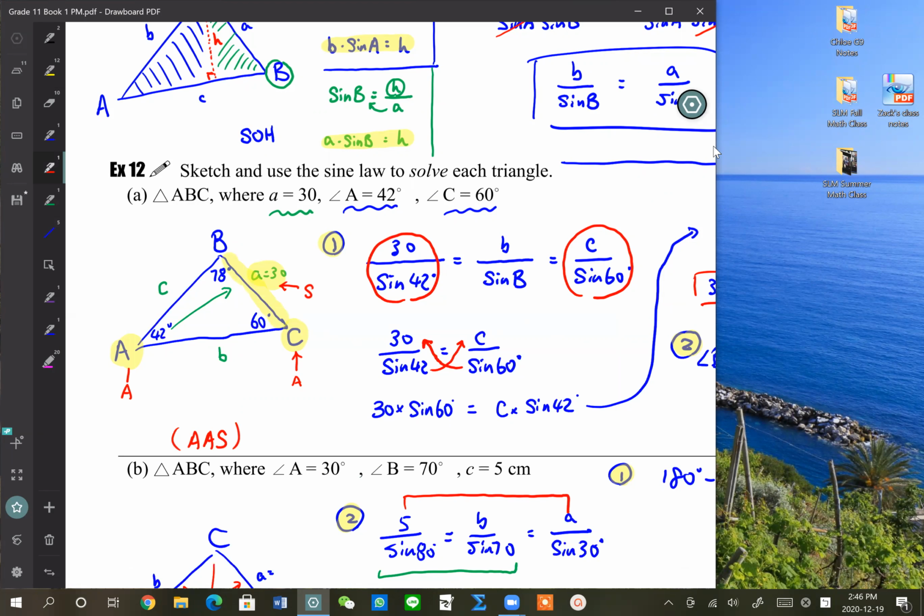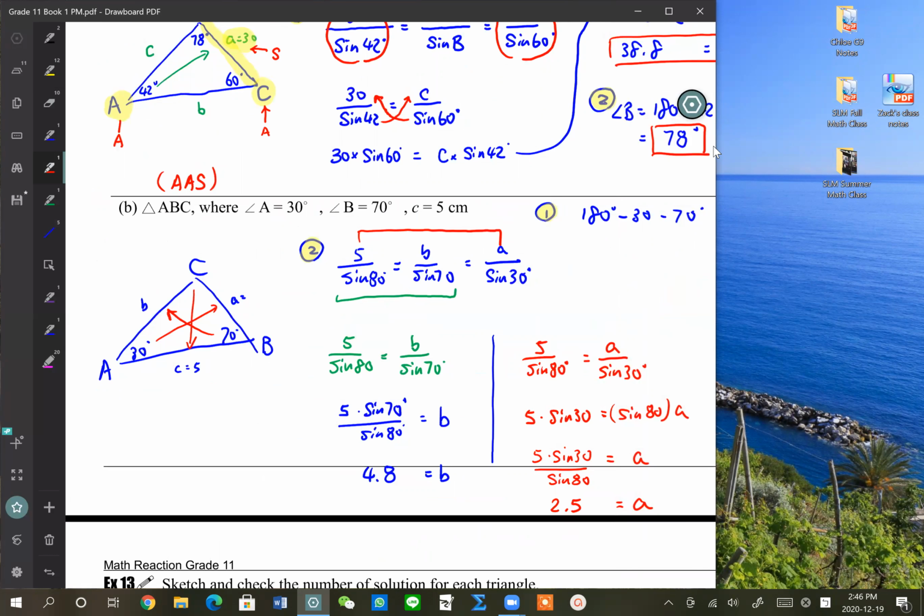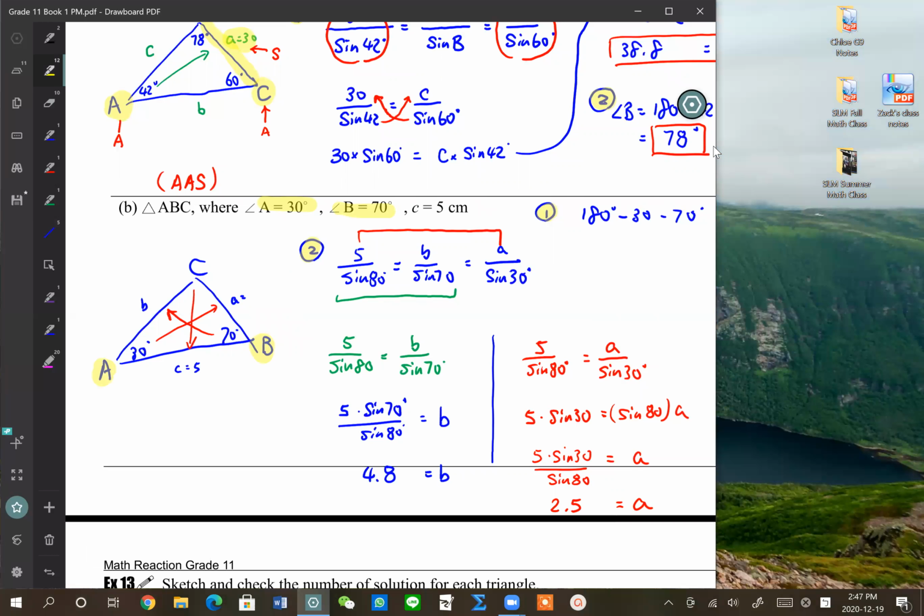Okay. Now for the next one, you have also angle, angle, side, right? Angle A, angle B, that's given, right? And then they give you a side. Okay, this time the side is in between. So this is not angle, angle, side. So instead, it's angle, side, angle.